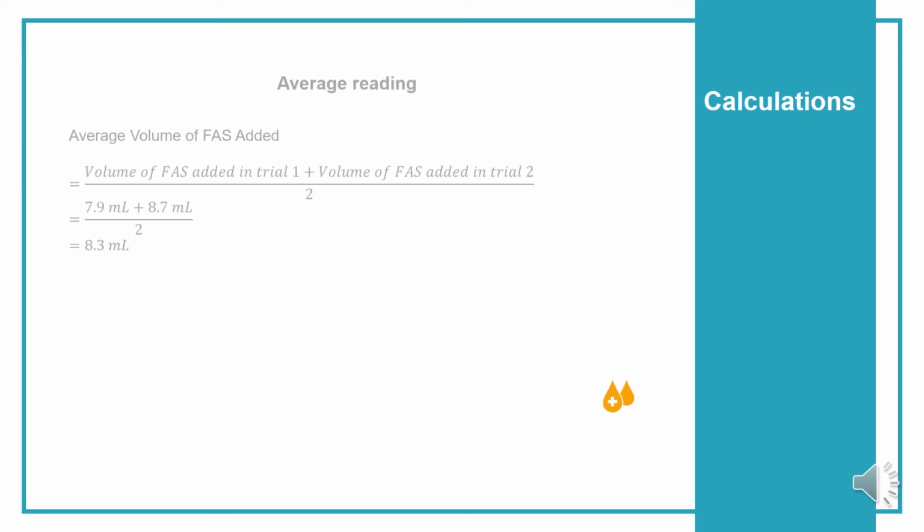After we obtain the volume of FAS added for 2 trials, we need to calculate the average reading of it. So, volume of FAS added in trial 1 plus volume of FAS added in trial 2 divided by 2. So, 7.9 ml plus 8.7 ml divided by 2, we get 8.3 ml.